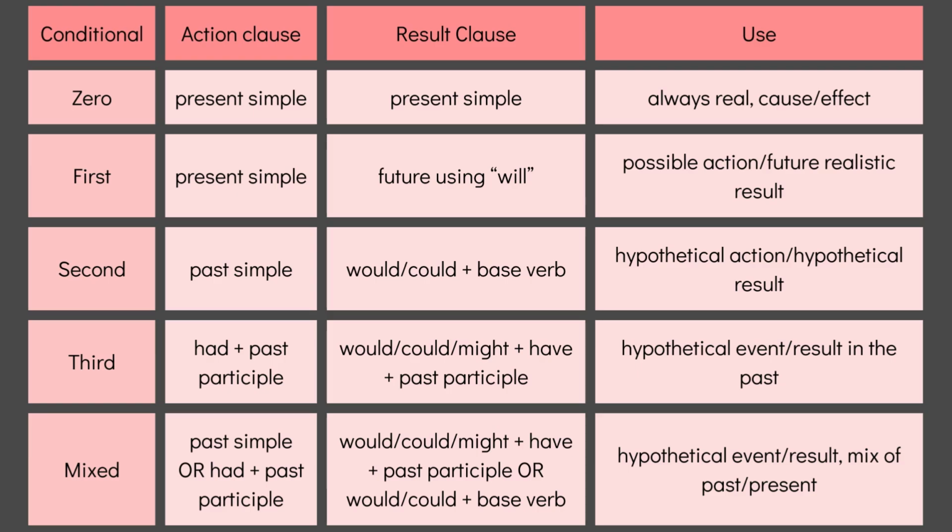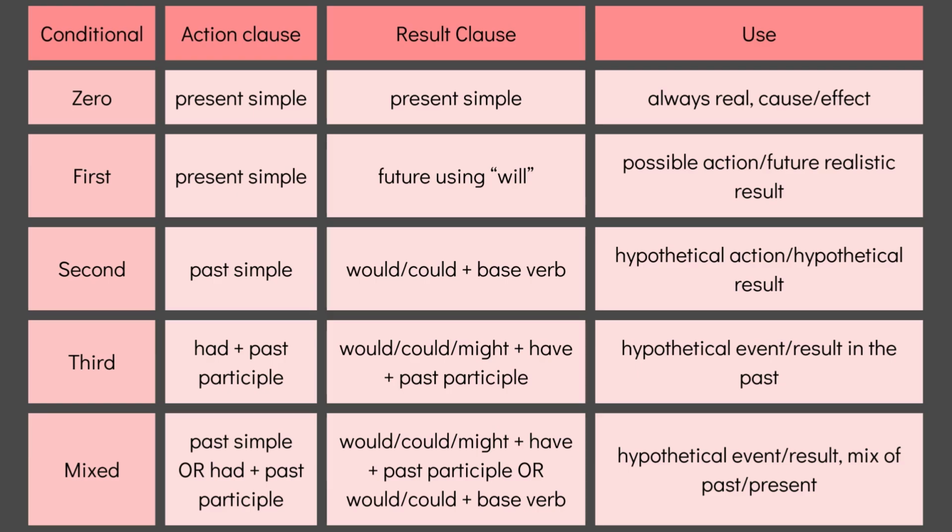Finally, for the mixed conditional, remember we can combine either the second and third or the third and then the second conditionals. So the action clause can have either the past simple tense, or it can have had plus a past participle. And then the result clause will have the opposite.